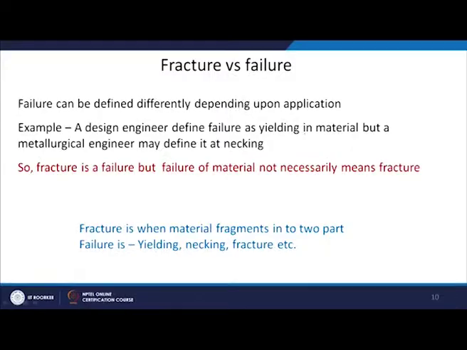So, if because of any reason the material deforms plastically, then for him that is a failure of material. Material should not have yielded. For a metallurgical engineer on the other hand, he can define the failure as necking. All the processes which we use in metallurgical engineering are through plastic deformation only.